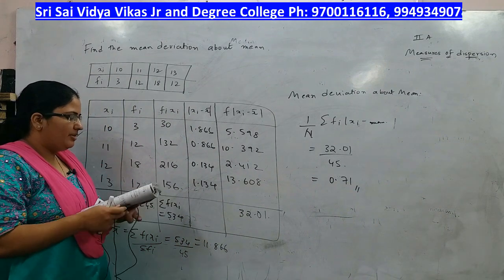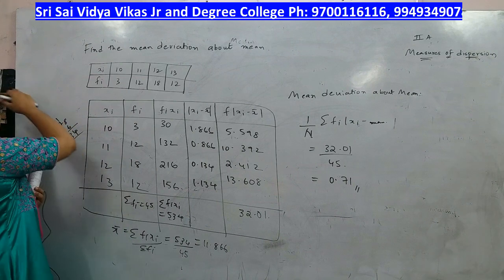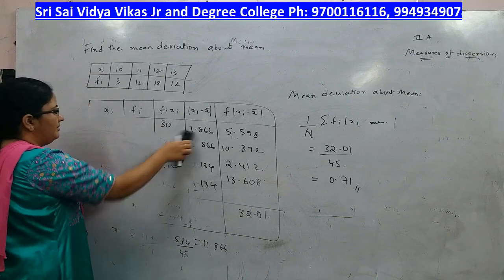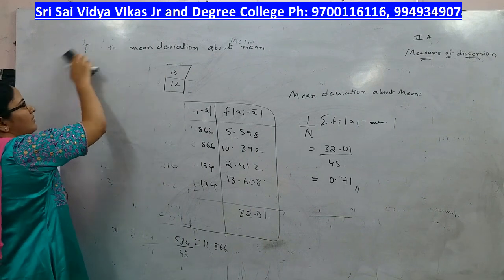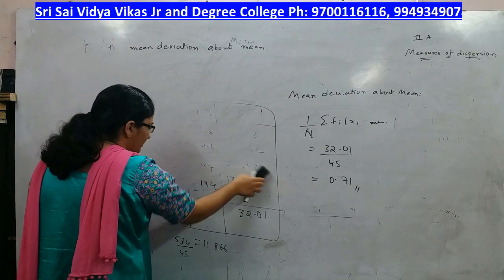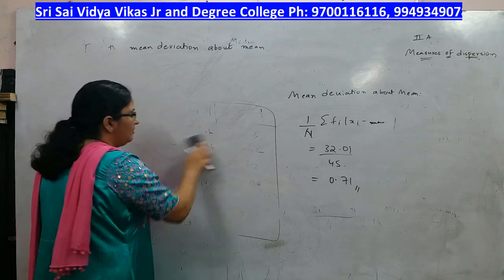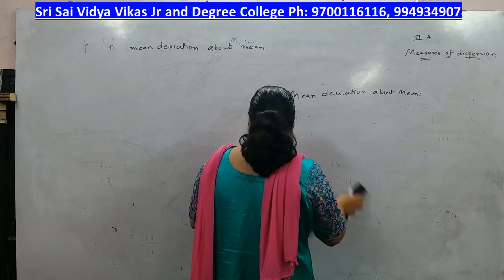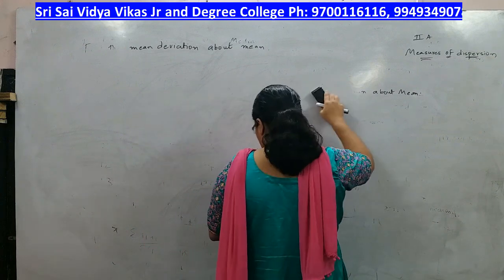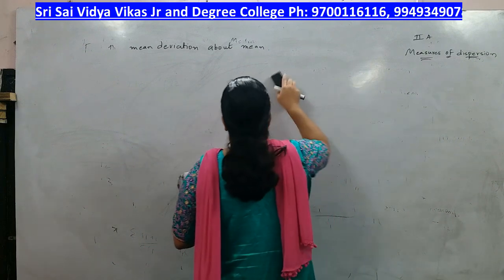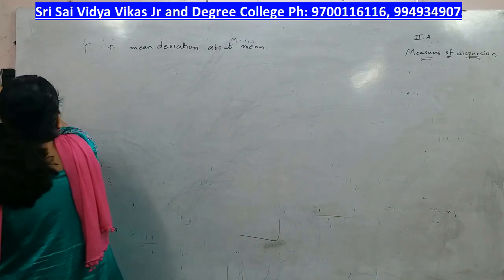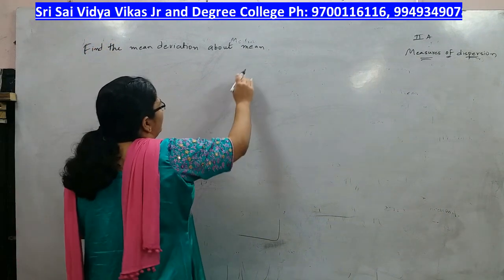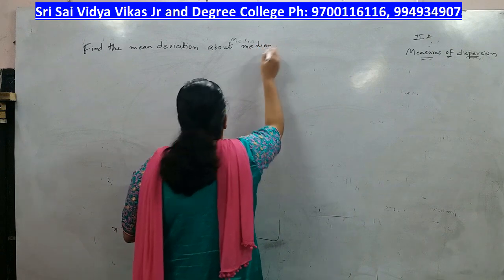Find the mean deviation about median for the following frequency distribution. You are given this distribution.